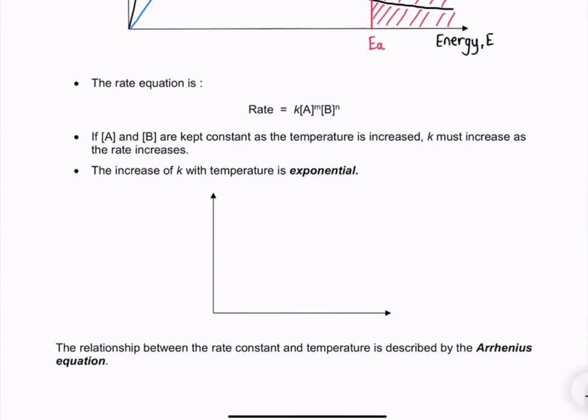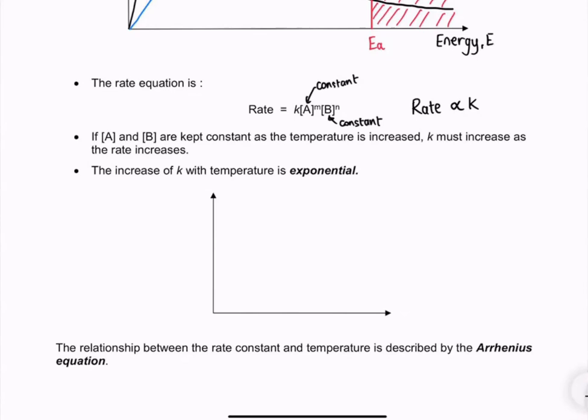Since the concentration of A and the concentration of B are constant, what we can say is that rate is going to be proportional to K, because if the other two are constants, then whatever happens to rate is going to happen to K.